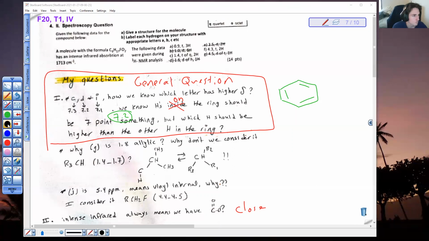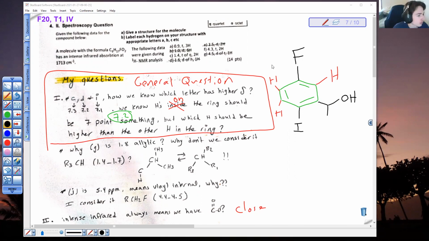But I'll give you an example where they should be separated by a little bit. So if I did this here and I have like an iodine here and like a carbon group here and maybe an OH off of that. And I had to give this one and this one and this one, and I call those C, D, and I, just to match her letters.